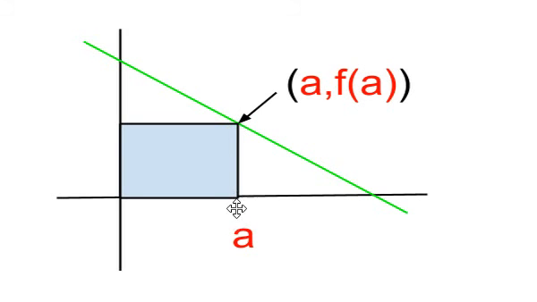So as you can see, A is what we're looking for. I'm calling A on the x-axis, and then the point is (A, f(A)), and this line will be defined as f(A).